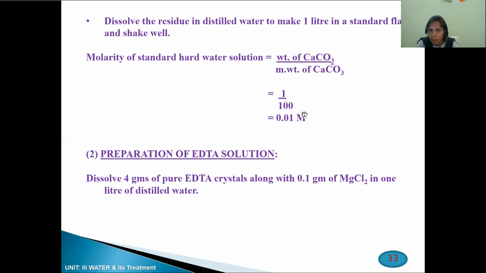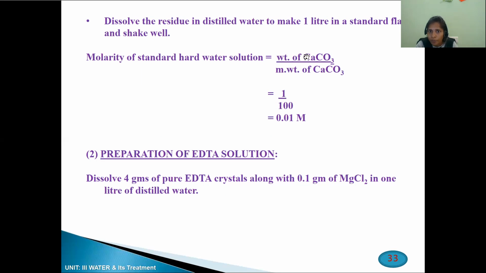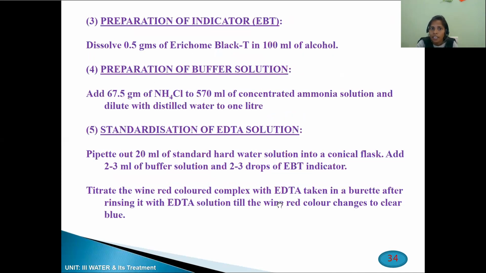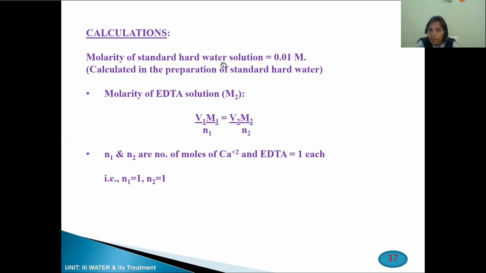How did we get the molarity? By using the weight and molecular weight of calcium carbonate. We have taken calcium carbonate 1 gram here. So the weight of calcium carbonate is 1, and the molecular weight is 100 for calcium carbonate. So we got 0.01. That is the molarity of calcium carbonate, that is the standard hard water. So the molarity of standard hard water is 0.01.